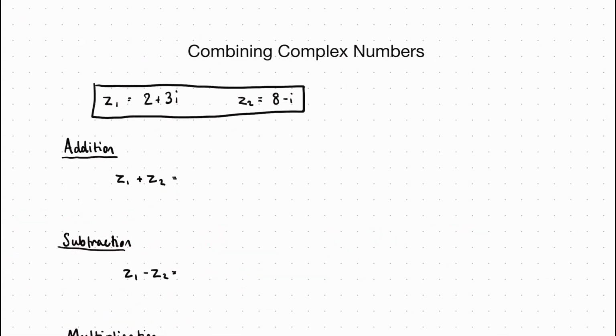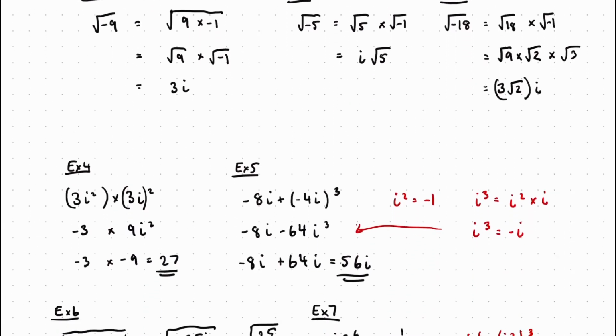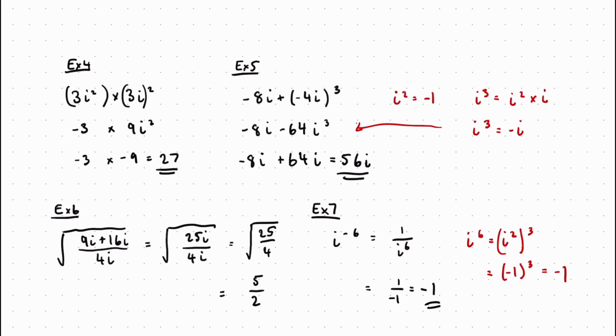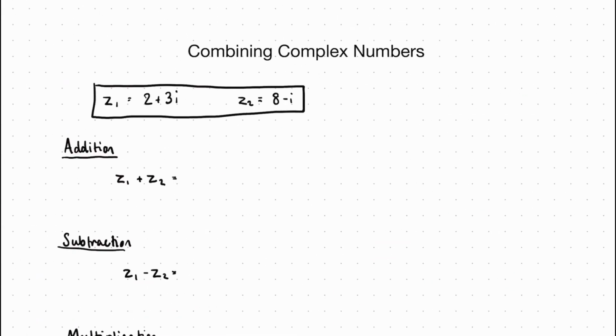What about combining our complex numbers? What happens when we add a complex number? Sorry, I forgot to mention, these are not really complex numbers because there's only the imaginary parts here, or the real parts. A complex number includes a real part and an imaginary part. So when we combine our complex numbers, what's going to happen?